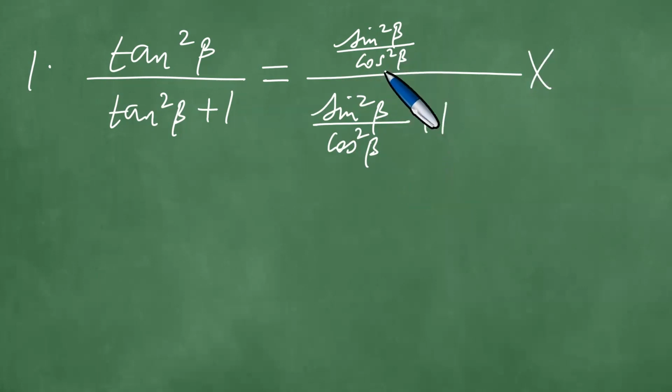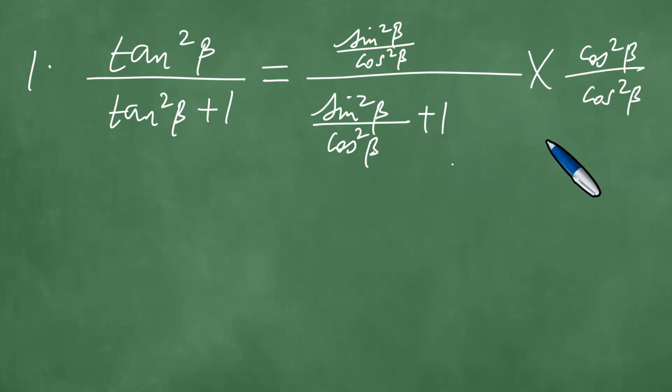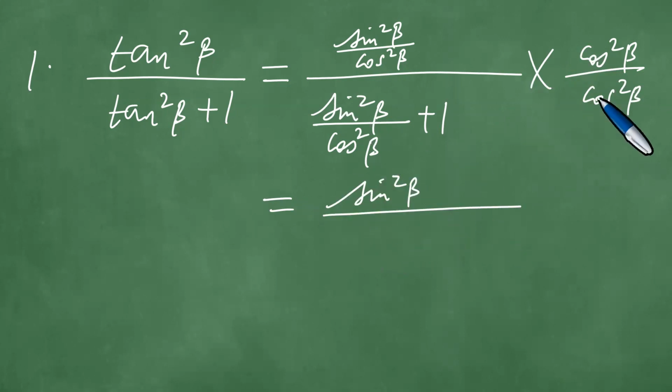And once you get to this, you have the LCD problem. Here, the cosine squared appears in both the numerator and the denominator, so cosine squared cancels out, leaving us with sine squared.